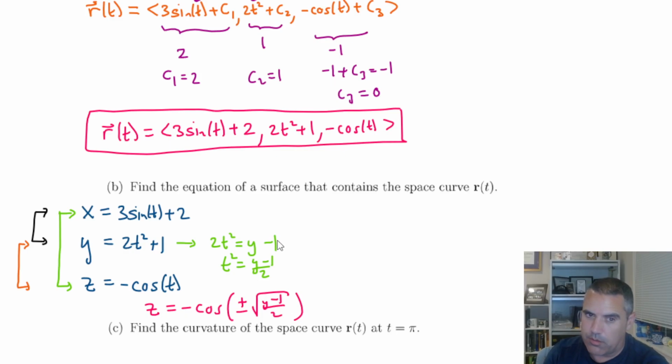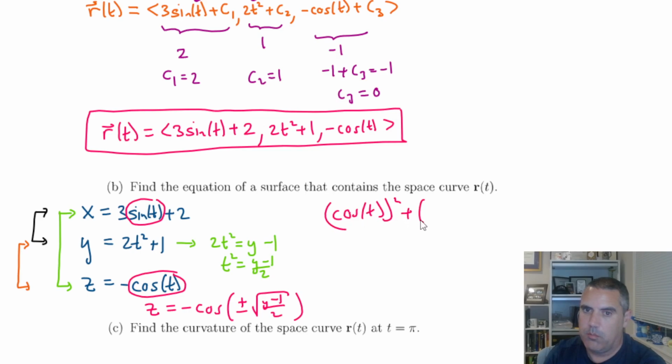So what's the other strategy besides solving for a t? The other strategy is to look for sines and cosines, and we have those here. And so then I'm suspicious that there's some sort of circular motion happening here. And what we know is that cosine squared plus sine squared has to be 1.